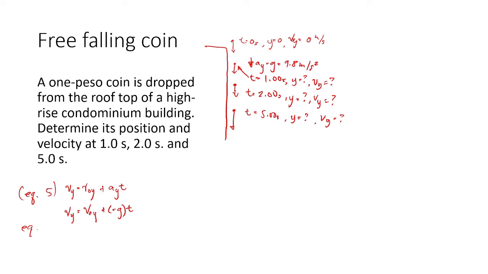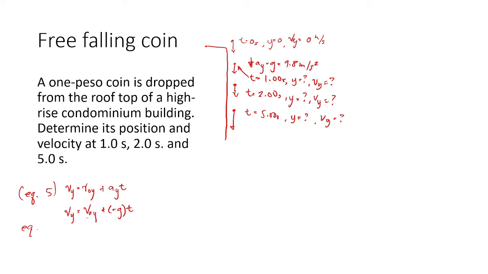Kasi kapag ang consideration natin ay kapag pataas ay positive, since downward yung motion, negative yung magiging g natin. So, yan yung magiging formula natin. Papalitan lang natin yung ating t.